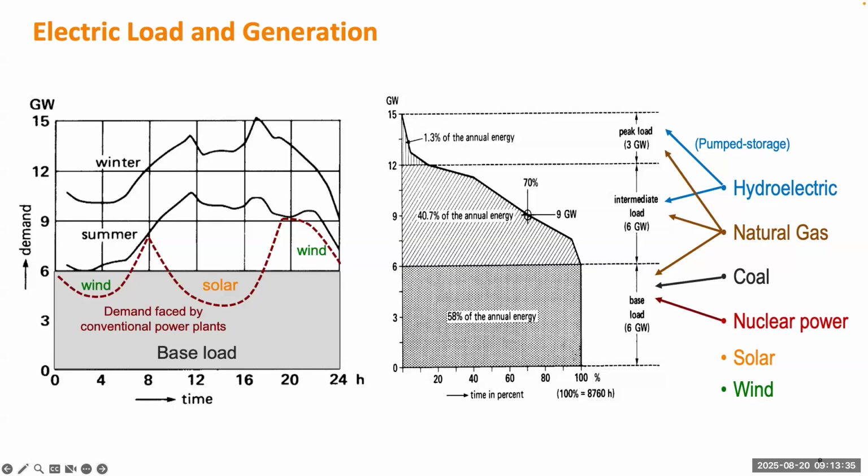Then we introduced the concept of the duck curve, which arises because we have renewables. And right now, the idea is to utilize as much renewable energy as possible. In the daytime, we try to use solar power generators, whether photovoltaic or other types of solar plants, to generate electricity.